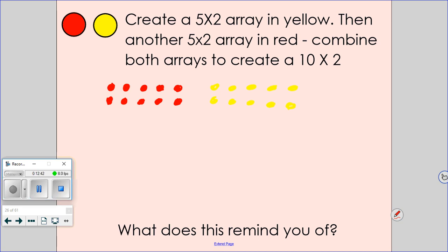Alright, underneath your red array that you've drawn in your notebook, I want you to write the name of it. That is a 5 by 2. And we're going to put it in parentheses. You can do it in crayon or you can do it in pencil, whatever makes your brain happy.